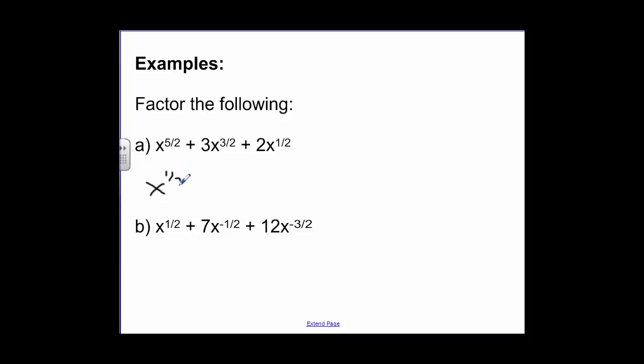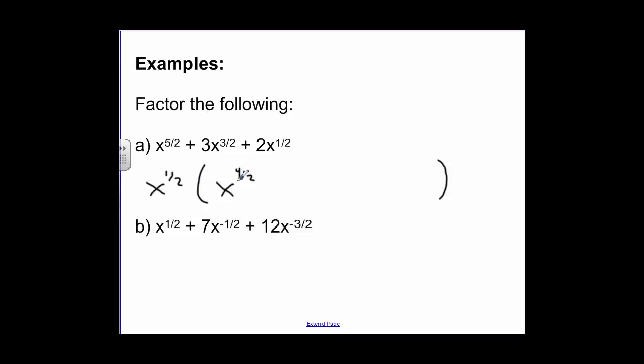So I'm going to factor out x to the 1/2, and I'm going to remove a 1/2 from all of these terms. Now, if I remove 1/2 from 5/2, essentially I'm subtracting according to my rules. So 5/2 minus 1/2 means that you actually got 4/2 left over.